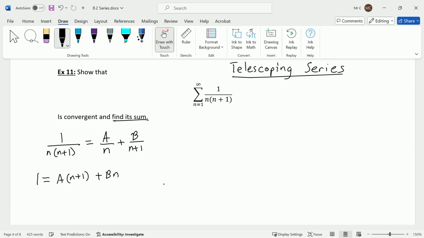I'm going to solve this equation to find a and b, by plugging in first n equals 0, which gives me a equals 1, and n equals -1, which gives me 1 equals negative b, so b equals -1. I'll take those values back up to my series and rewrite it as the sum from n equals 1 to infinity of 1 over n minus 1 over n plus 1.